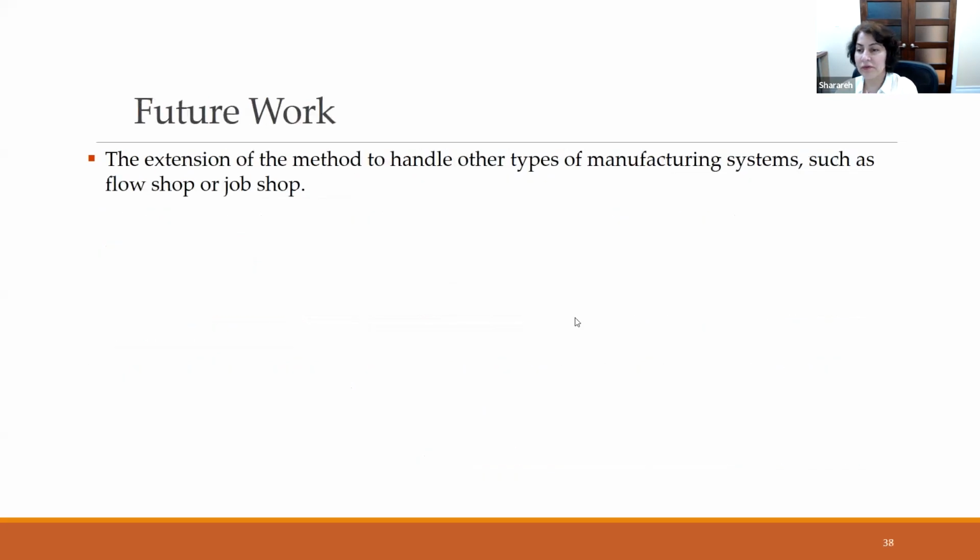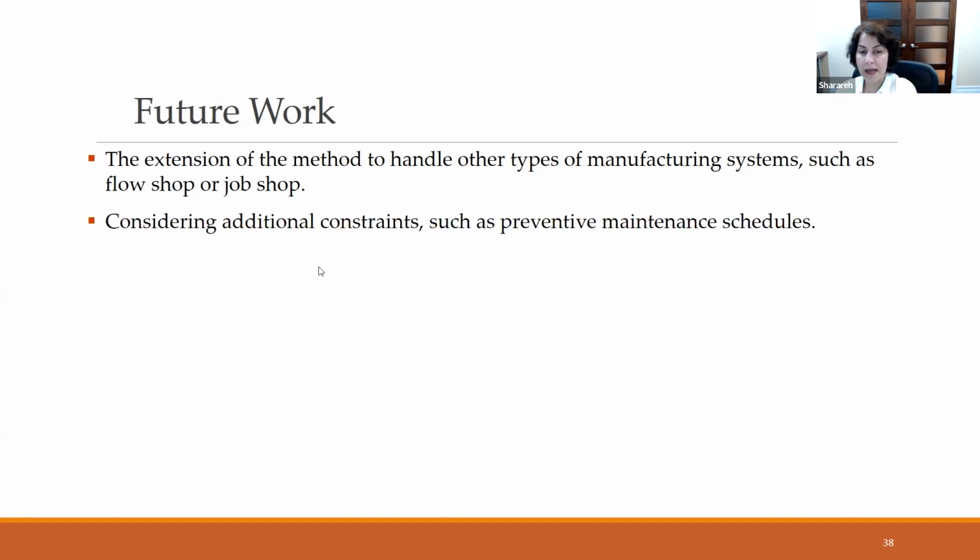As future work, as an extension, one would be considering the same methodology for other environments, such as flow shop or job shop, and considering additional factors. For example, in this case, we didn't consider preventive maintenance, I didn't assume that a machine may not be available at certain times for conducting preventive maintenance.